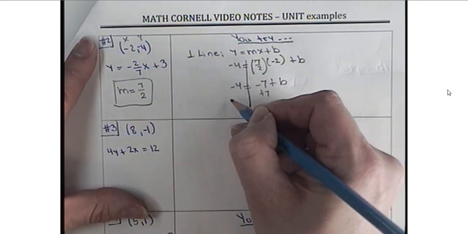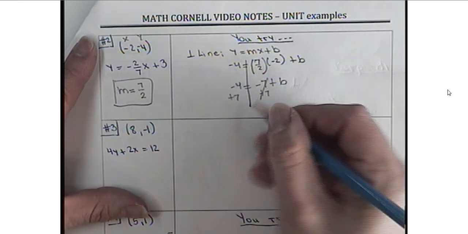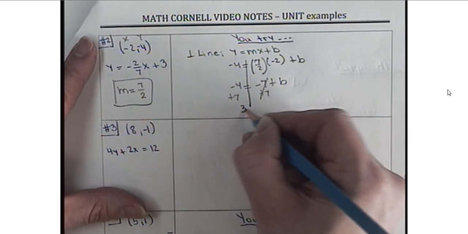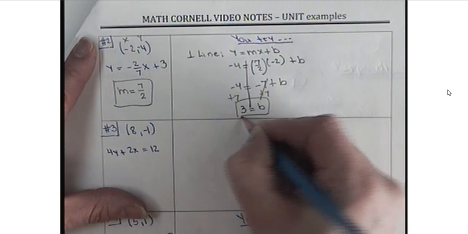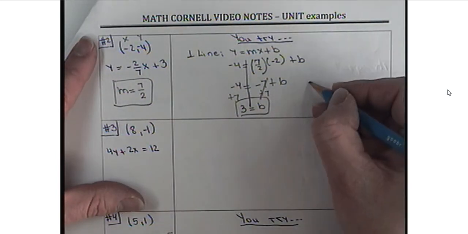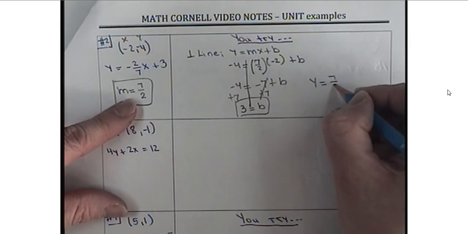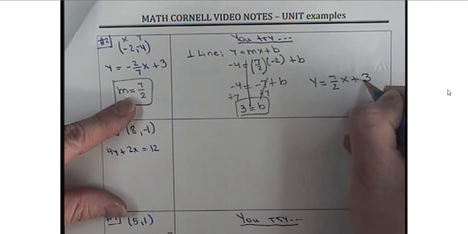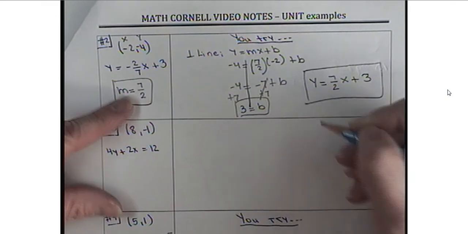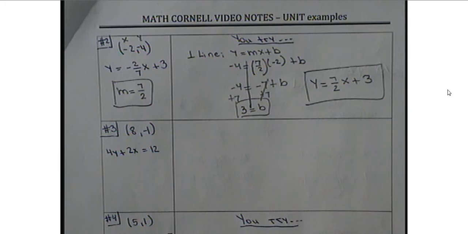Plus 7 on each side. So -4 plus 7 is positive 3. Here is my b, and the equation of the perpendicular line will be y equals 7 over 2x plus 3. Yay! Good job. I think you got it. I think we will have a huge success here.